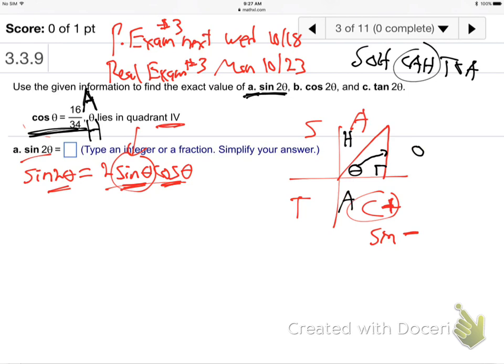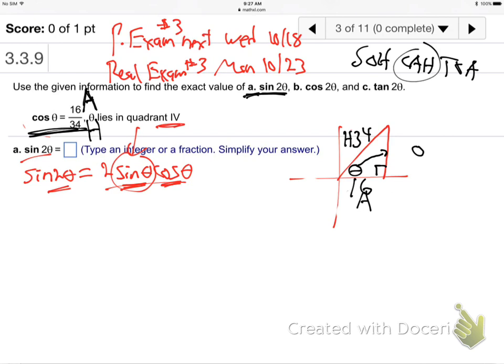Let me get rid of the all students take calculus thing. This is the adjacent, which is 16, so this side is 16. Hypotenuse is 34. So I need to find the opposite side with the Pythagorean theorem.